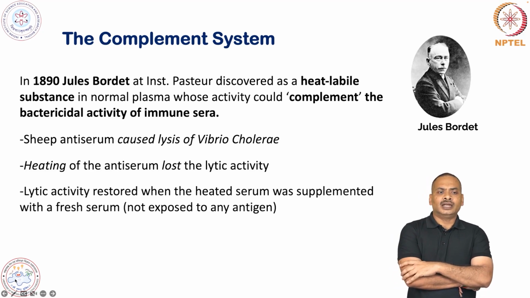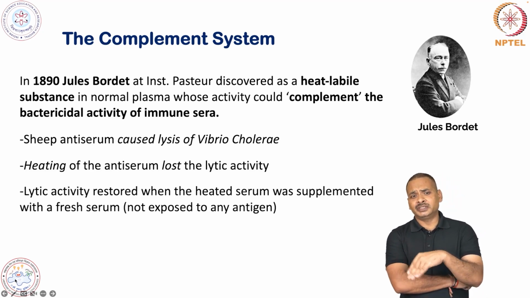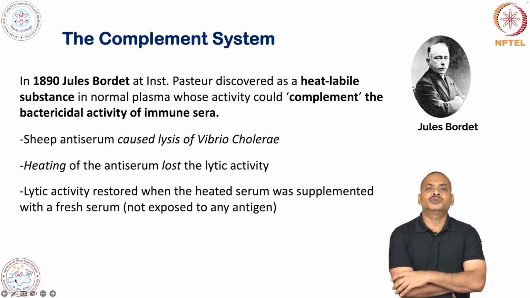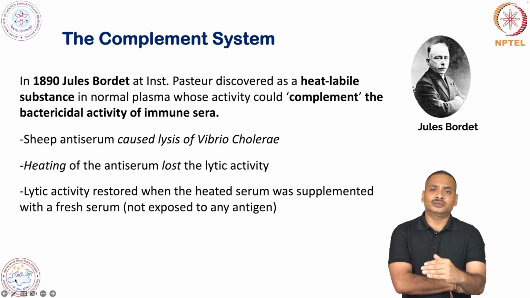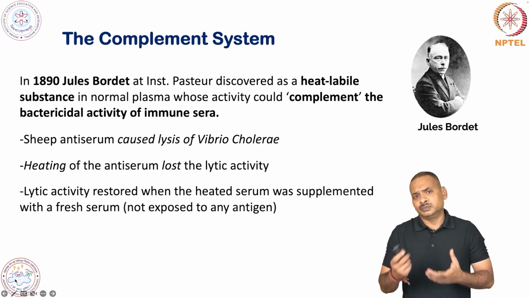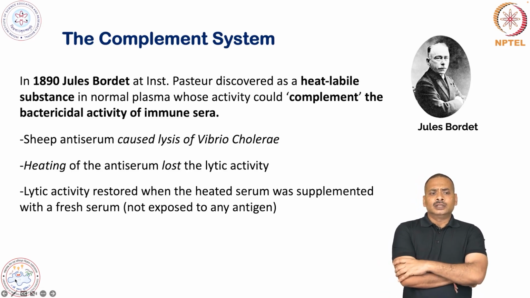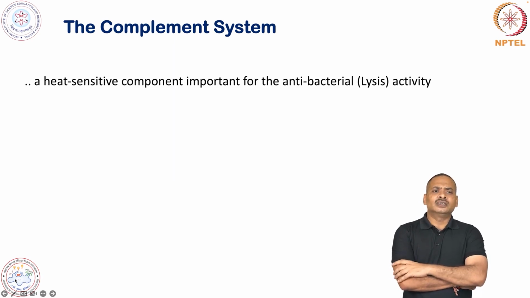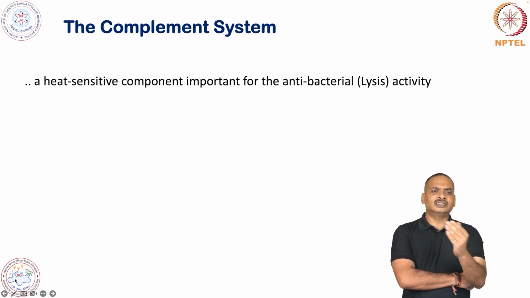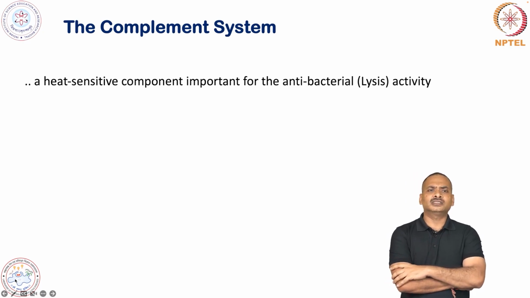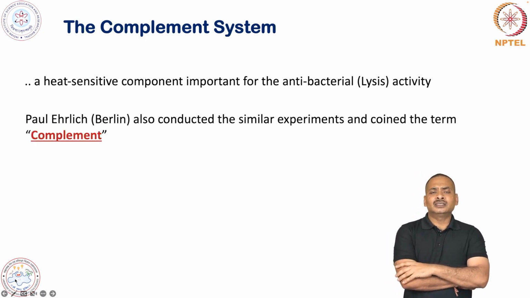And lytic activity can be restored when this heated serum is mixed with fresh serum, irrespective of whether it is pre-immunized or immunized. So this was all his work, and finally he established that the heat sensitive component is important for bacteriolysis.